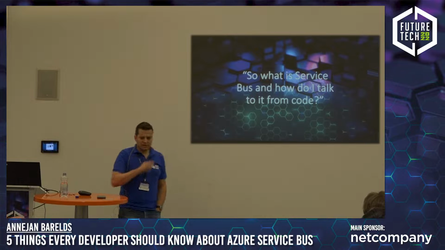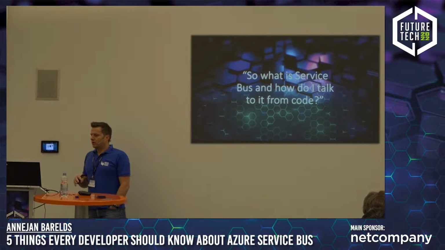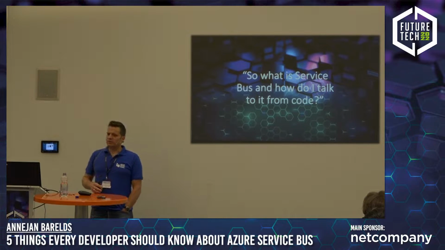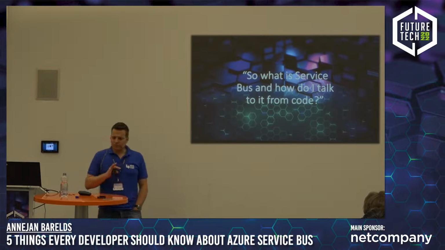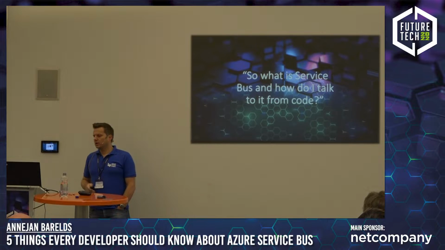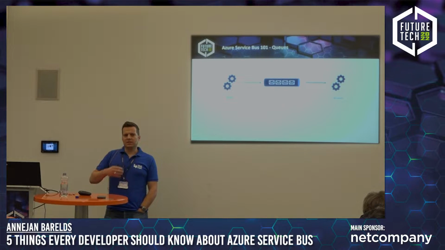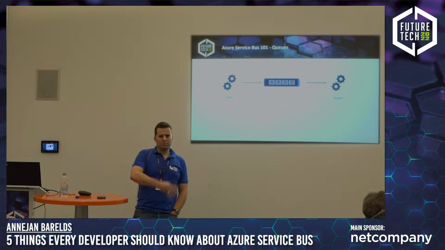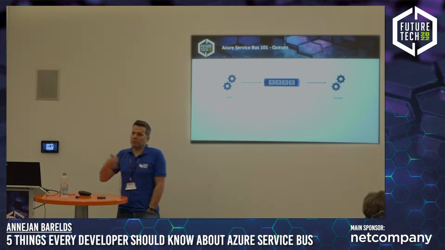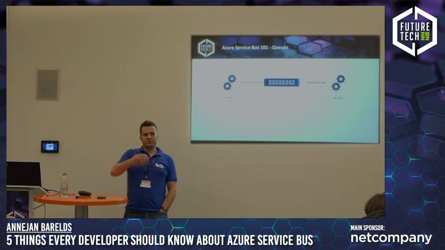So let's dive right in. What is Service Bus and how do I talk to it from code? We will cover the basics. Let's do that now. What is Azure Service Bus? Basically, Azure Service Bus is a mechanism to push messages into queues, or maybe topics, we'll cover those later, and then receive them on the other end.